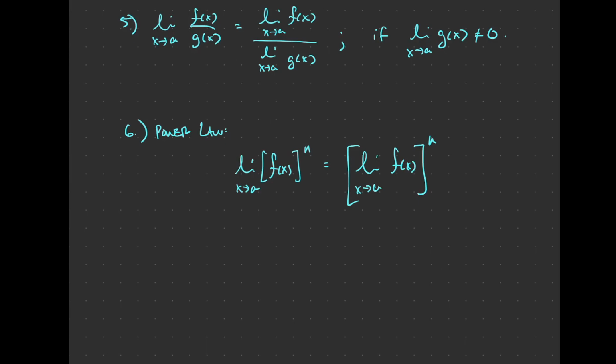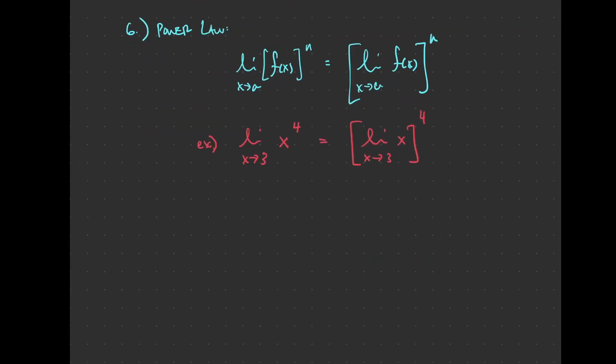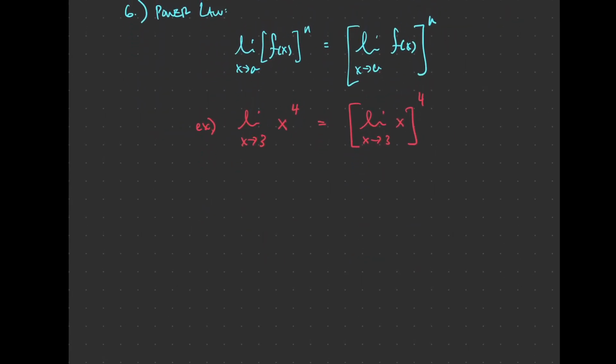Okay, so if I had the limit as x approaches 3 of x to the 4th, I could really say, well, this is the same as taking the limit as x approaches 3 of x, all to the fourth. Okay.